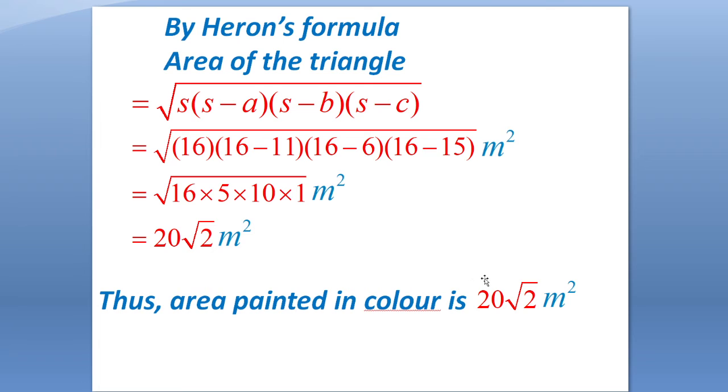So it is equal to root of 16 into 5 into 10 into 1, which gives us 20 root 2 meter square. Thus the area painted in color is 20 root 2 meter square.